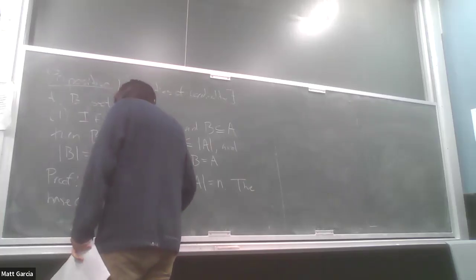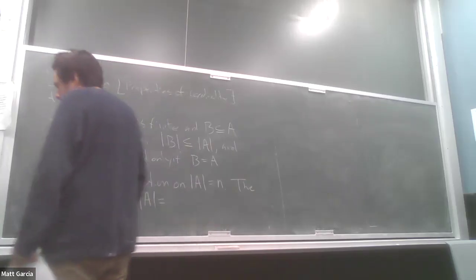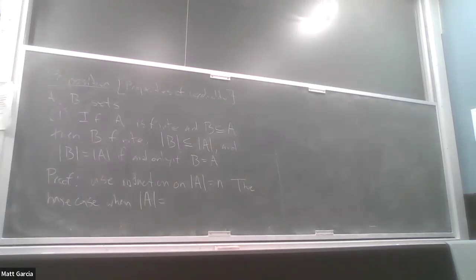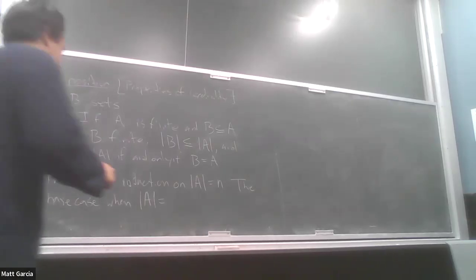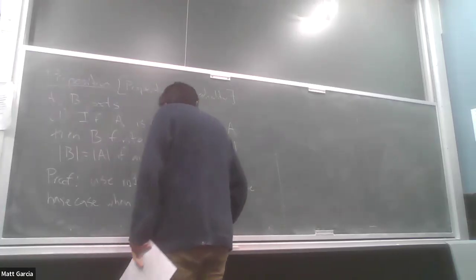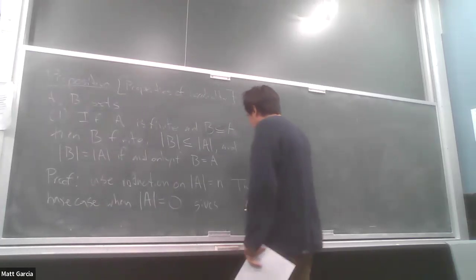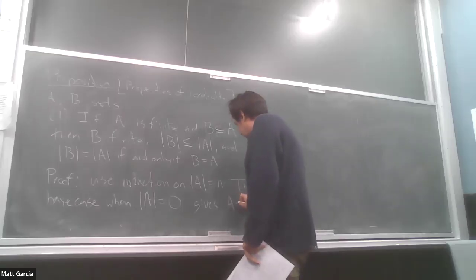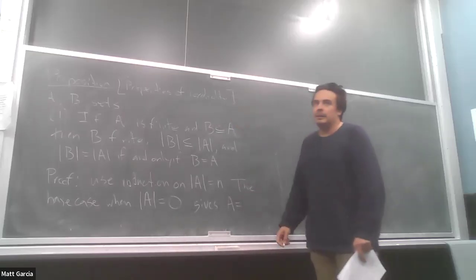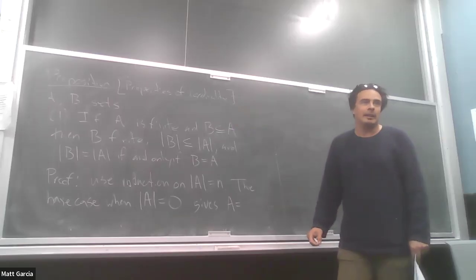What is the base case? That the cardinality of A be what? Yeah, 0. Good. And what did we say by convention? A set with cardinality 0 must be equal to the empty set, right?